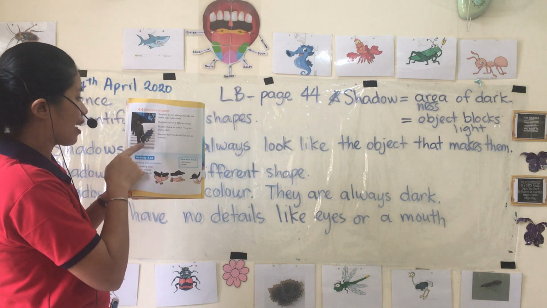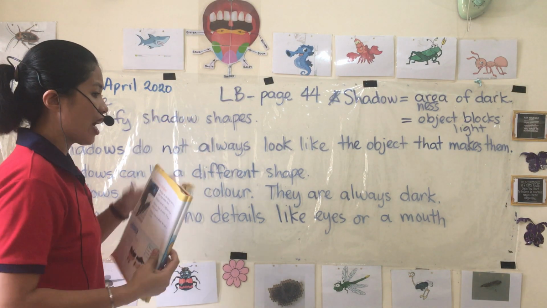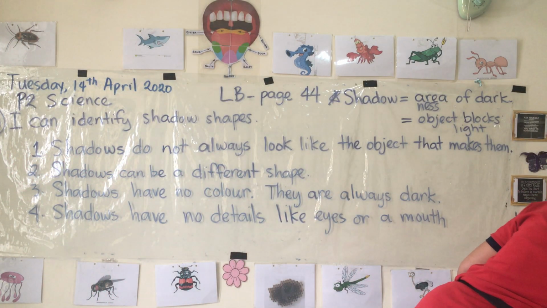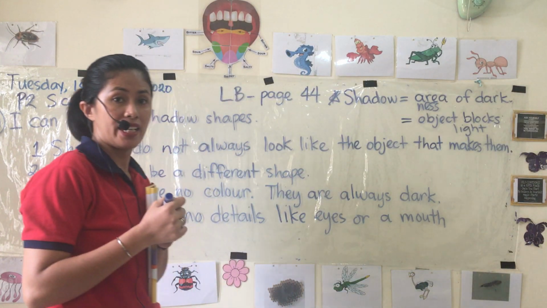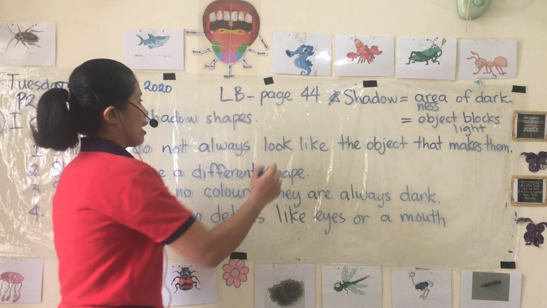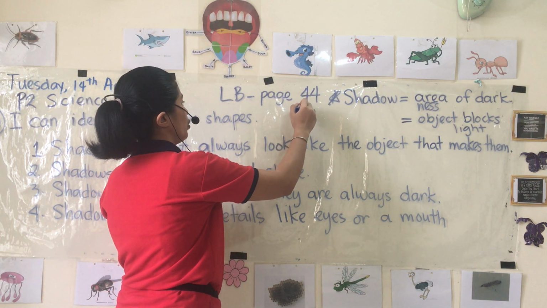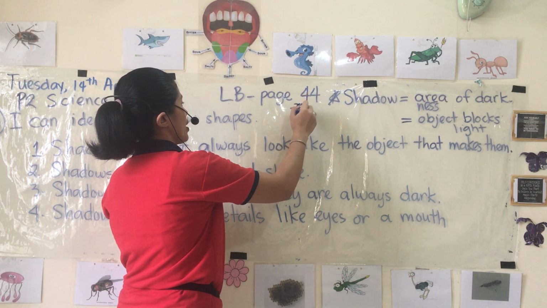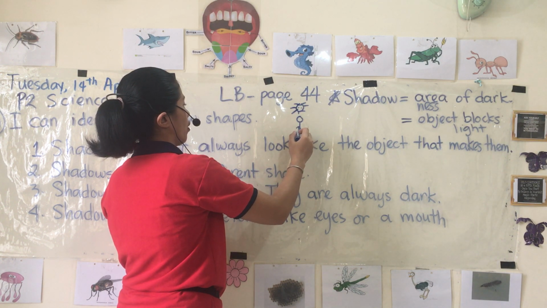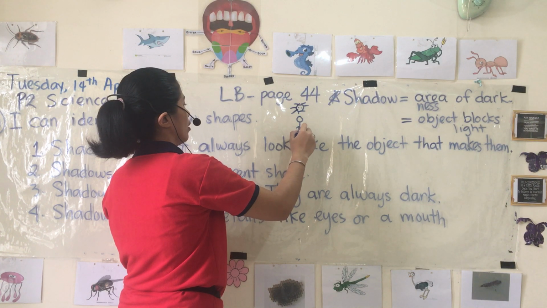It looks like zigzag lines, right? Another thing, as I've said, is the position of the source of light. As you remember from my previous video, if the sun is at 12 noon, and this is you, your shadow will be only here.